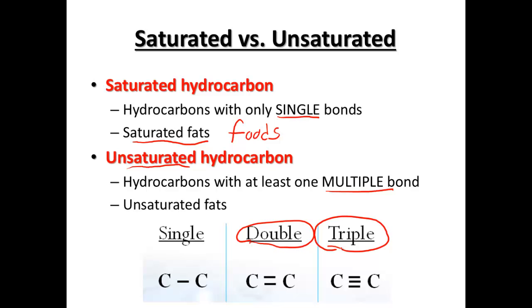And in those cases, you have fewer hydrogens that can be around each carbon, because all carbons, remember, make 4 bonds. So if you have a double bond, all of a sudden you have fewer hydrogens around each carbon, or with a triple bond even fewer. So unsaturated compounds have multiple bonds, so they have fewer hydrogens around them.